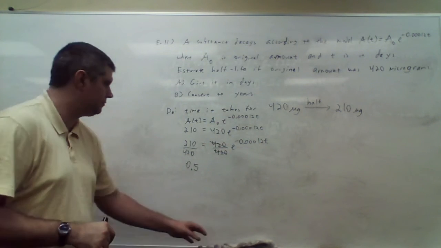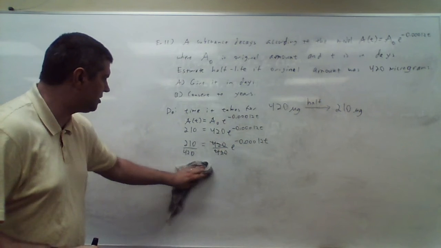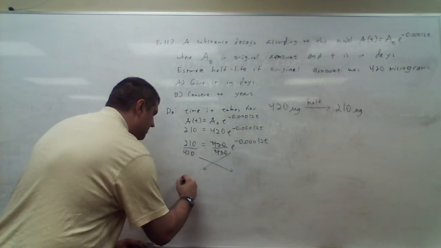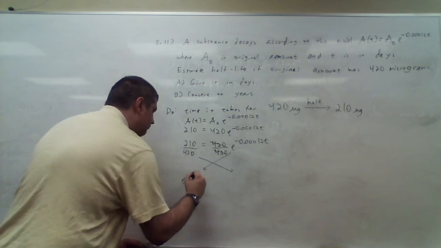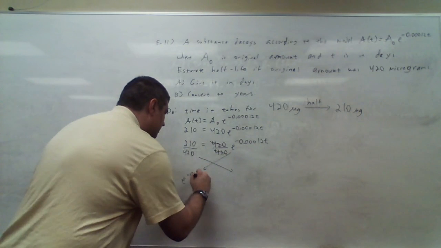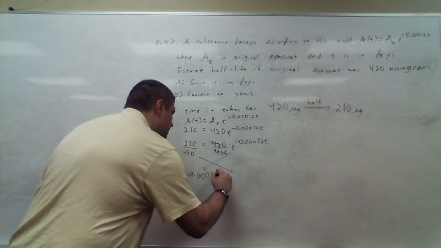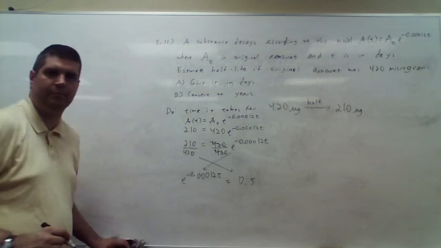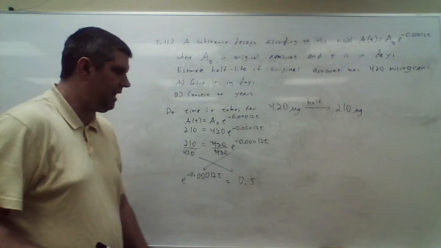In fact, I'm going to switch the sides here. This gives me e to the negative 0.00012t power is 0.5, sorry about the handwriting. Okay?